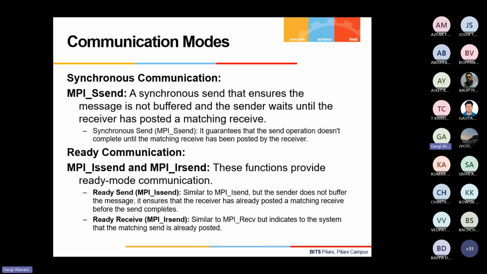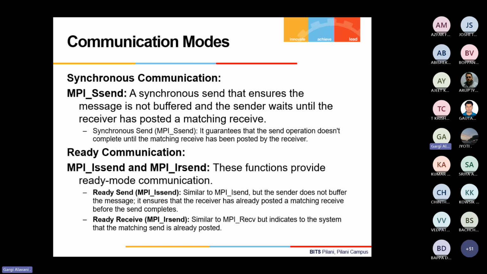Here, you send a message and ensure that the message is not buffered, and the sender will wait until the receiver has posted that it has received it. This guarantees that the send operation does not complete until there is a matching receive which has been posted by the receiver.